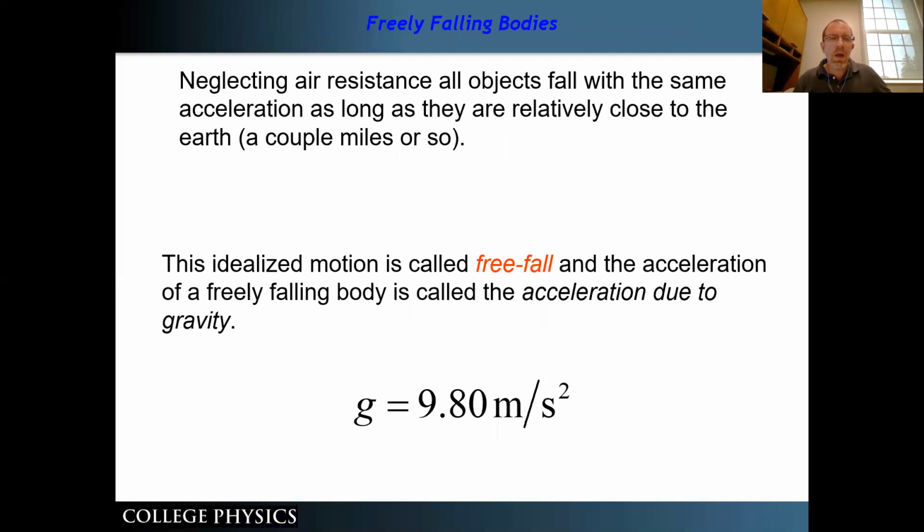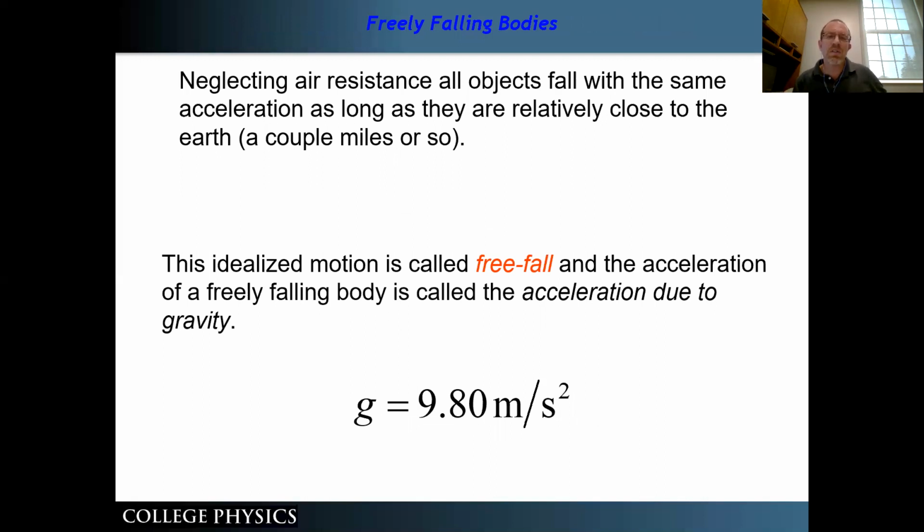All right. So anytime I've got an object that's been thrown up in the air or whatever, and it's not under its own propulsion, like I don't have a jet engine, I don't have a bird flapping wings or something like that, the only thing that's acting on that object is gravity.